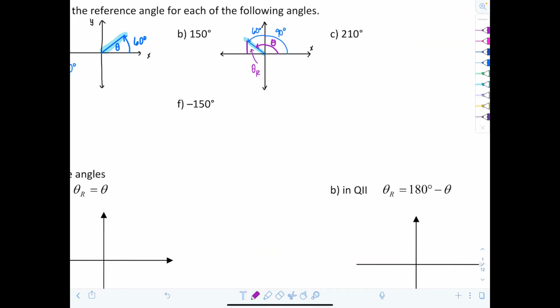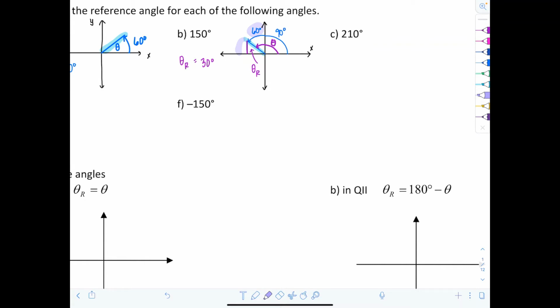Well, how much is that? Remember, if we had gone all the way from the positive x-axis to the negative x-axis, that would be 180 degrees, and we only went 150. So that means my reference angle is equal to 30 degrees. Or you could also look at it like this. We have 60 degrees here, so you would need another 30 degrees here to complete the 90 degrees in that quadrant.